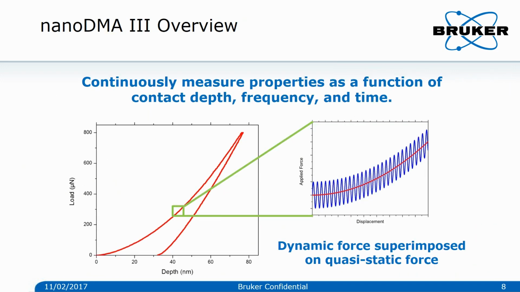The ratio of the dynamic force superimposed on the quasi-static force of the indenter is typically very small. It allows to continuously measure the properties as a function of contact depth, frequency, and time.